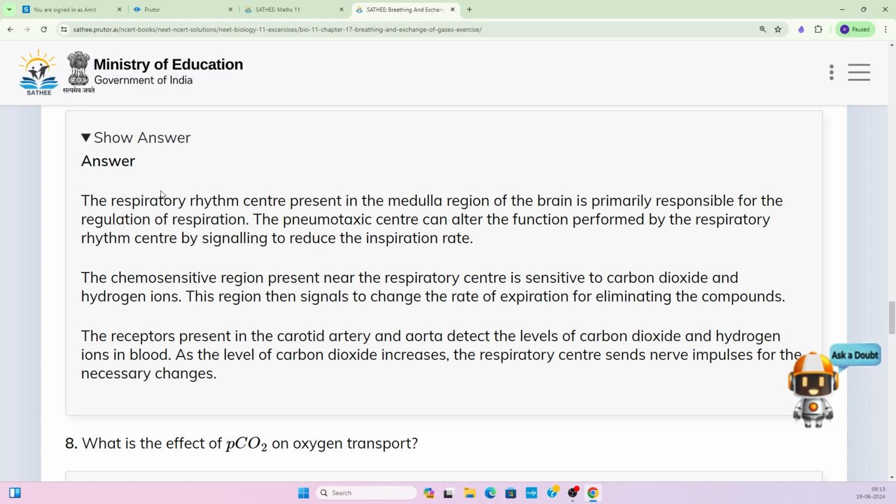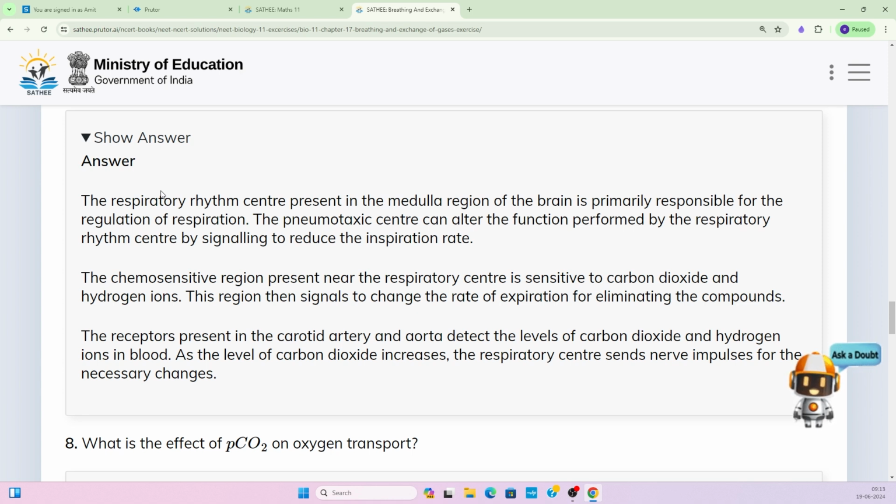This region is very sensitive to the amount of carbon dioxide and also the hydrogen ion. It then signals to change the rate of expiration for eliminating the compounds. So it can alter the rate of expiration as well.